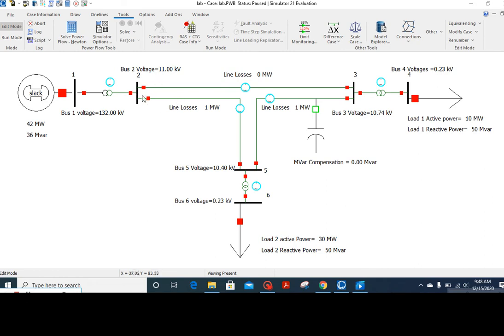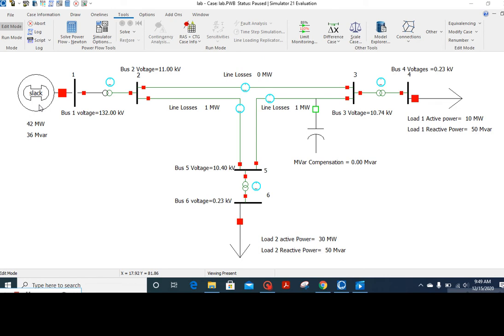After that, we have a transmission line, or we may say distribution. Actually, our main focus was on the transmission and distribution system, so I take this generator as a source of power. Basically, this is not a generator. Behind this, there is a full network of transmission which is giving us power at the rated voltage of 132 kV.